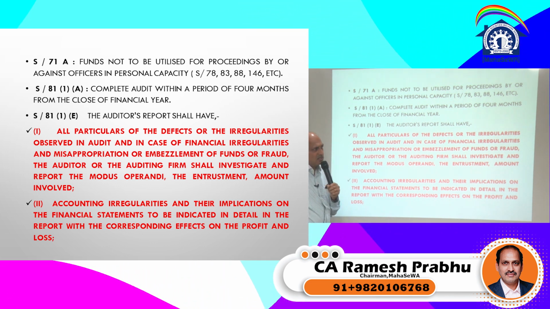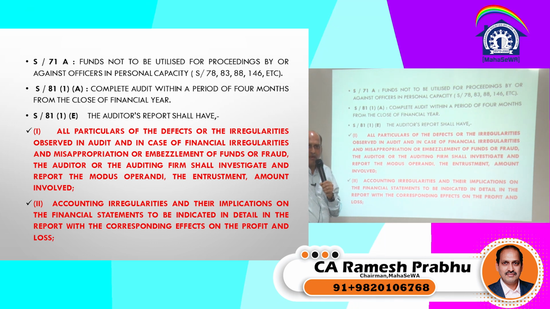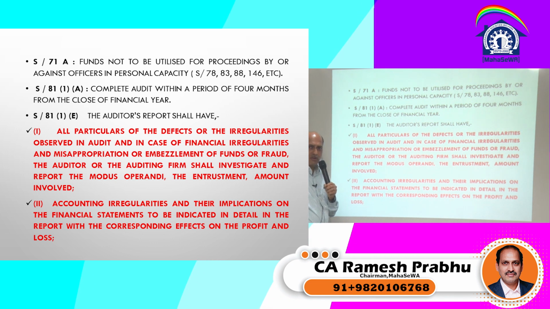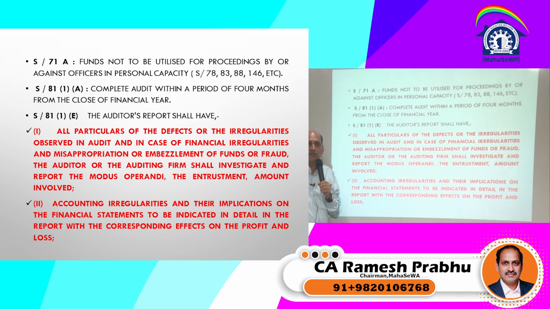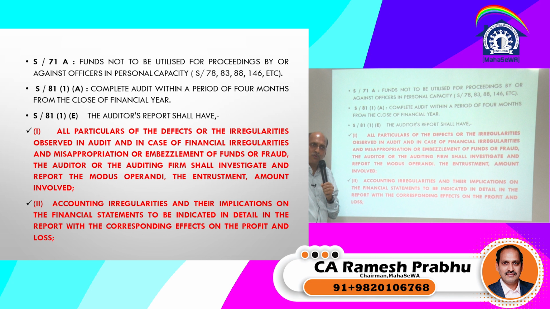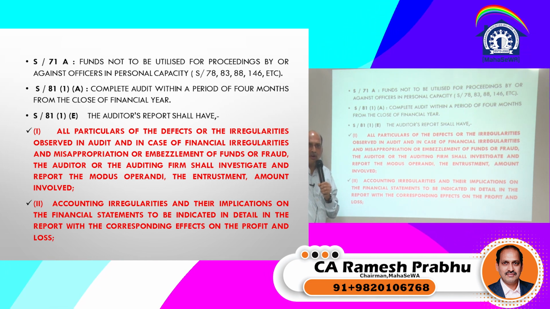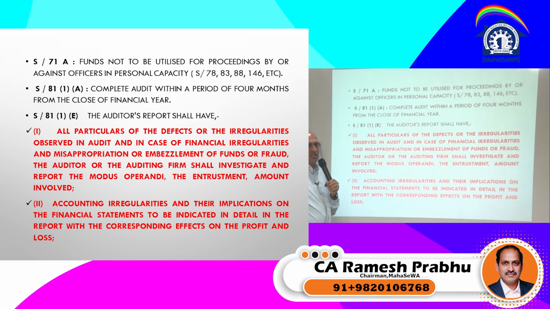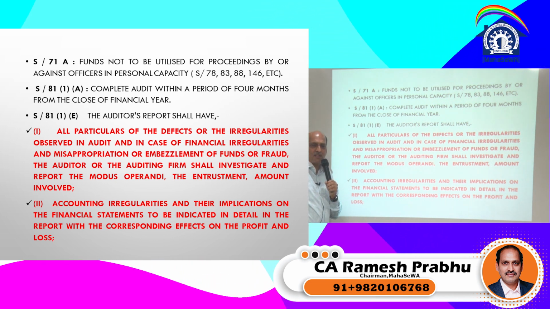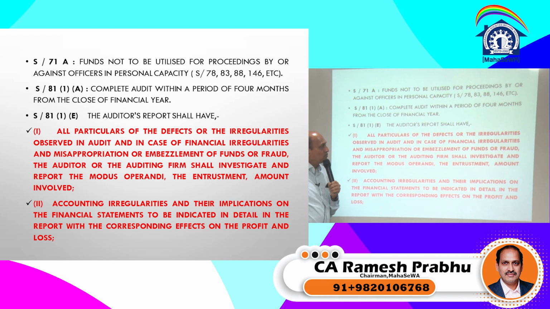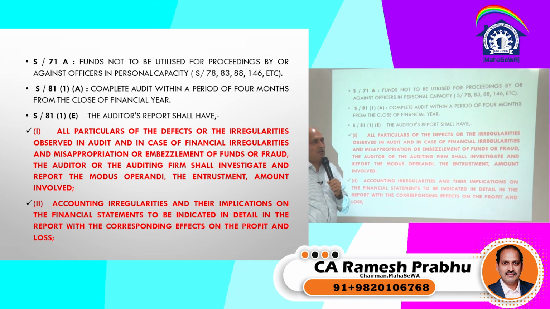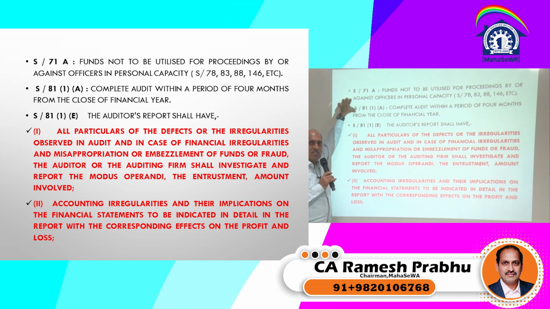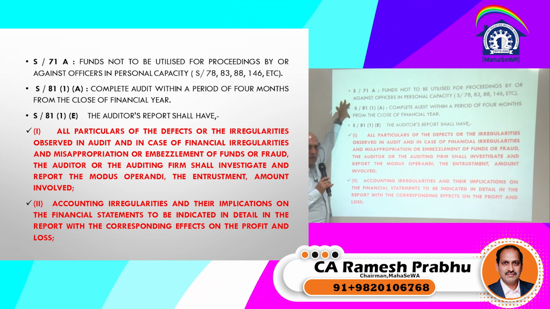Now the question arises: because they are holding the office of the society as office bearers or committee of the society, can they use the funds of the society? The answer is absolutely no. As an auditor, if there is any inquiry during that year, you need to see whether a resolution has been passed wherein they appointed an advocate to defend these matters, which are initiated in individual capacity.